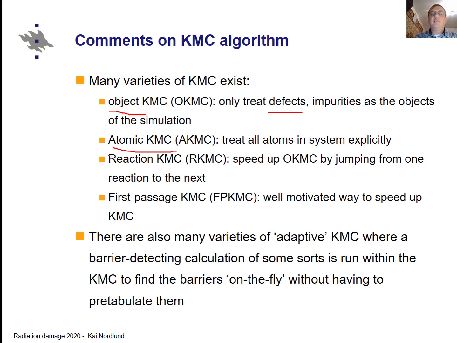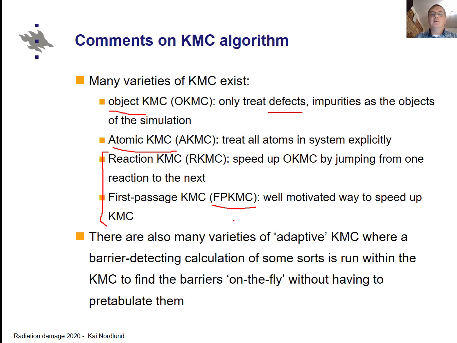And then there are other varieties of KMC, which are essentially ways to speed up object KMC, going from one reaction to the next, such as reaction KMC and first passage KMC. Out of these, the newer first passage KMC is considered to be mathematically more rigorous and more reliable nowadays.